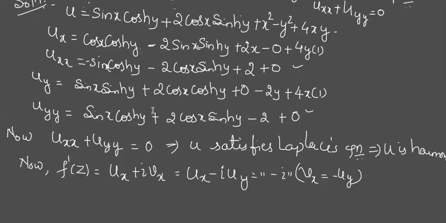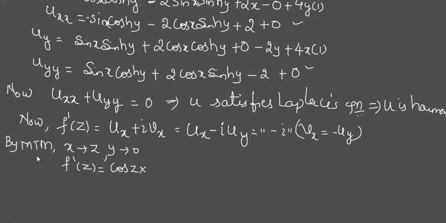It's not that difficult. After the substitution, apply Milne Thompson method, MTM. Change x to z, y to 0. So my f dash of z will be, I'll take this ux and go for these changes. If I put x as z, this is cos z into cos hyperbolic 0, which is 1, isn't it?